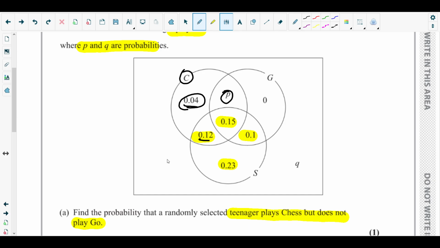So if you add up all of the probabilities and subtract them from 1, you will get the probability of Q. So let's add them up. 0.04 plus 0.14 is 0.18. 0.18 plus 0.12 is 0.3, plus 0.15 is 0.45. 0.45 plus 0.1 is 0.55, plus 0.23 is 0.78. So Q is 1 minus the sum of all of the probabilities.